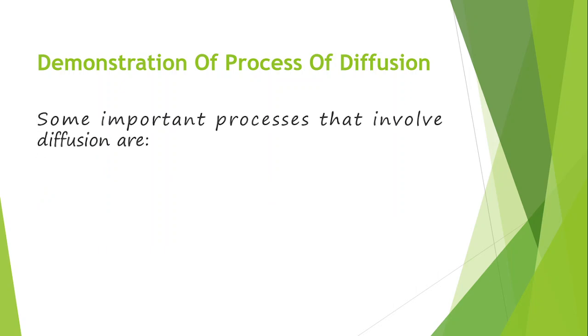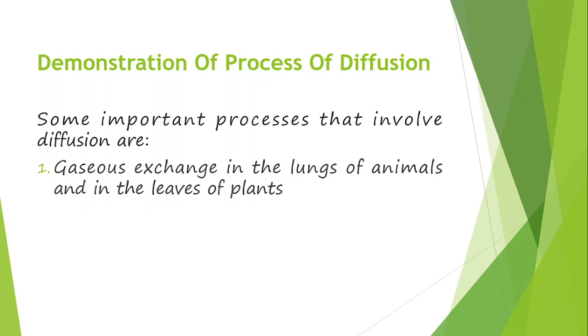Now, some important processes that involve diffusion are as follows. The first one is the gaseous exchange in the lungs of animals and in the leaves of plants. These are some important processes in our daily life where we can see this diffusion process take place. The gaseous exchange in the lungs of animals requires diffusion, and also the gaseous exchange in the leaves of plants.